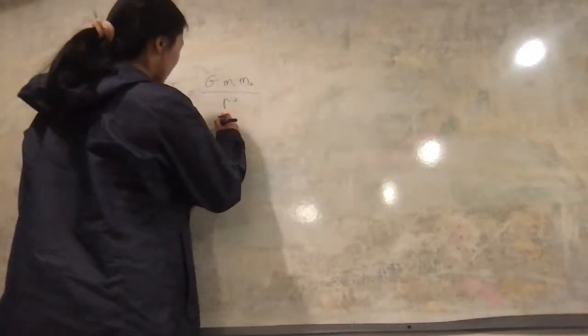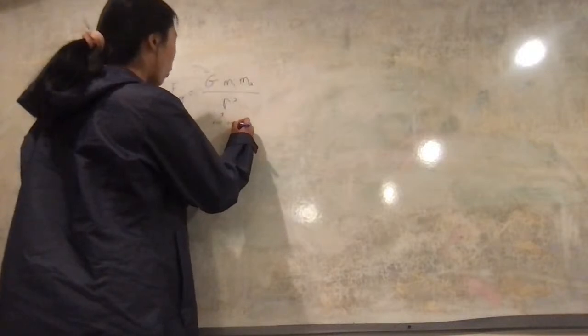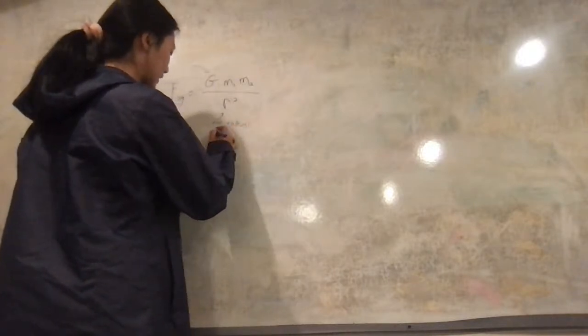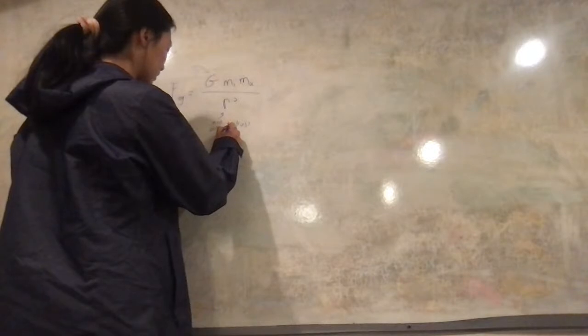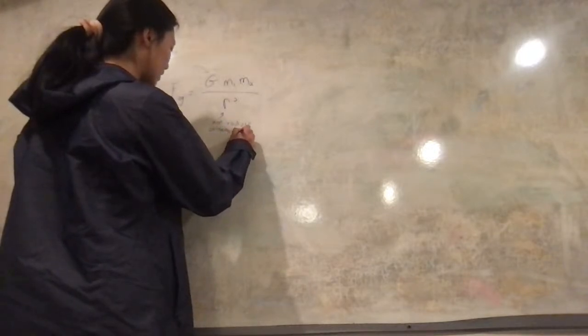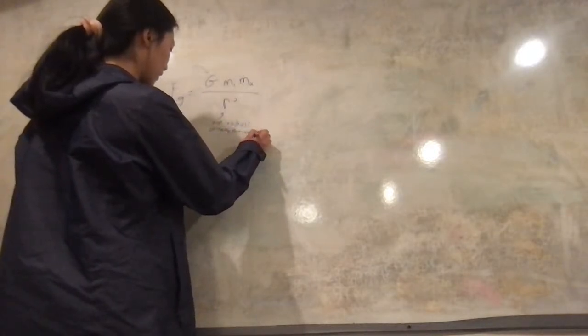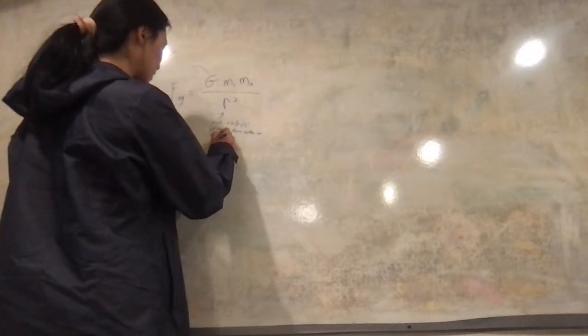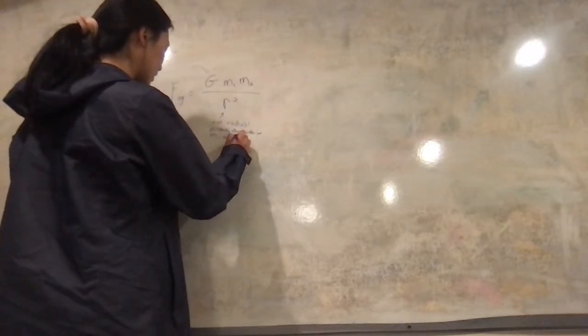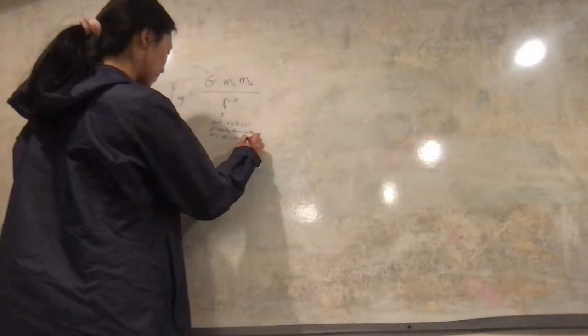Careful, r is not radius. Or it's not always radius. It's the distance from the center of mass 1 to the center of mass 2. Center to center distance. And m1 and m2 are the masses of each object.